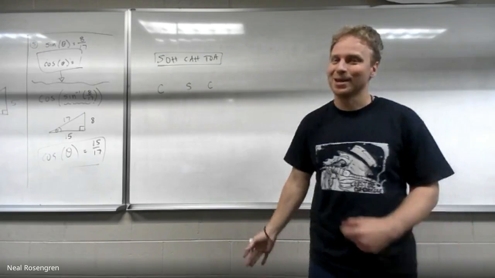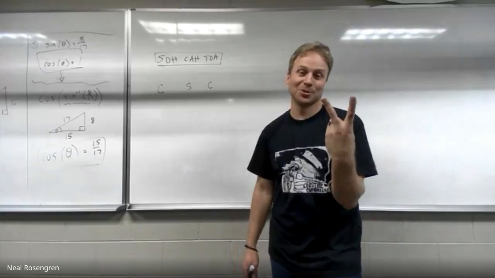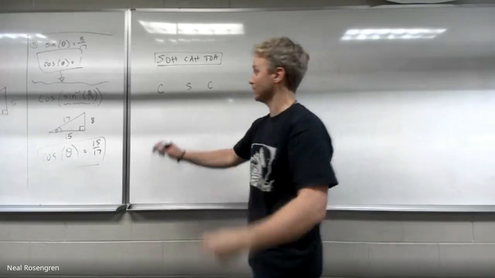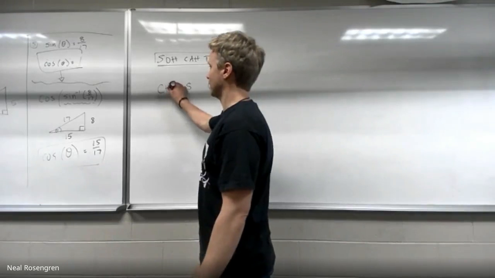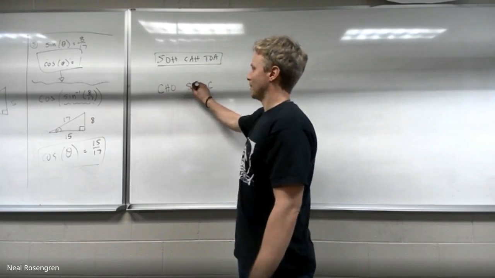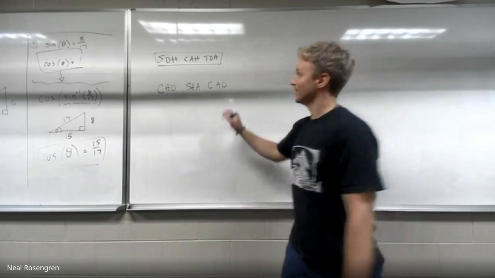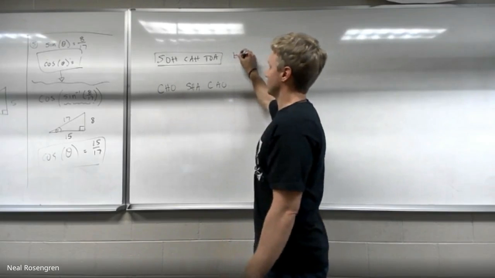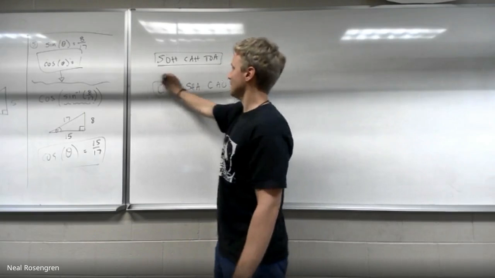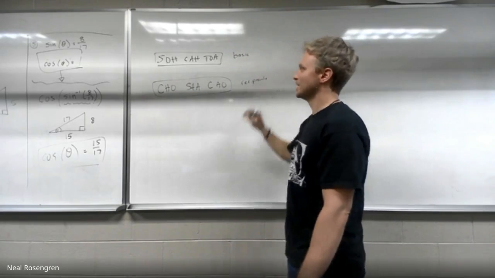So I'm just going to use the same first three letters that they did there, and I'm just going to switch the letters. So it was opposite over hypotenuse, so now it's hypotenuse over opposite, hypotenuse over adjacent, and adjacent over opposite. If these are your three basic trig ratios, this is a way to remember all of the reciprocals.